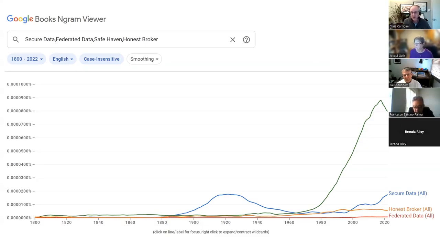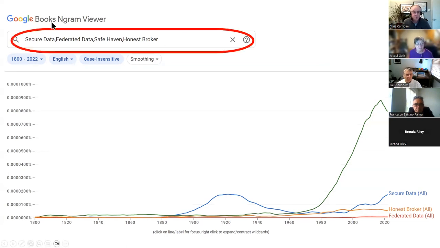In this case, I was just looking at some of these terms to see how much they've appeared since the 1800s. I used the terms in red: secure data, federated data, safe haven, honest broker, the things I was asked about. Not surprisingly, the term safe haven has been around for years and years and years. It really picks up in the 1960s, probably because of data, but maybe not.